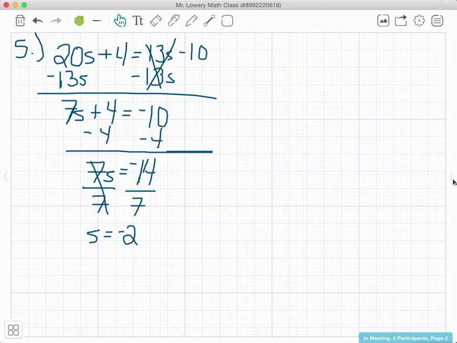To check this, we need to start off with our original equation again. So 20 times s plus 4 is equal to 13 times s minus 10.